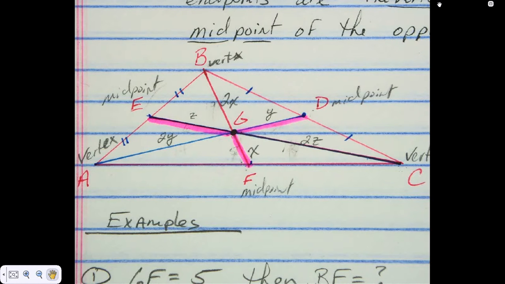What does the next problem say? AG equals 18. So they gave me that. What are they asking me to find? Okay, so this is what they're asking me to find right there. Well, did they give me the bigger part, the smaller part, or the whole thing?